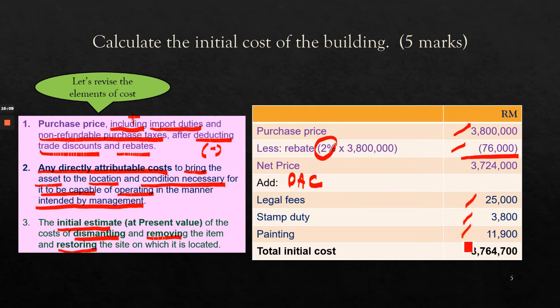At the end, this is the total initial cost that you incur on the date of initial recognition of the building. That is for 5 marks. So that one is element number 1, and this one is element number 2. None of number 3 is applicable here.